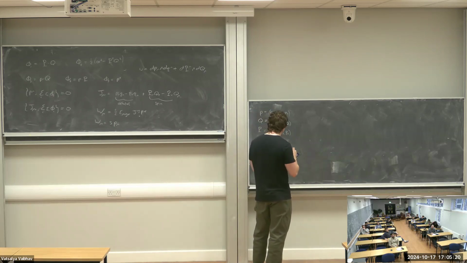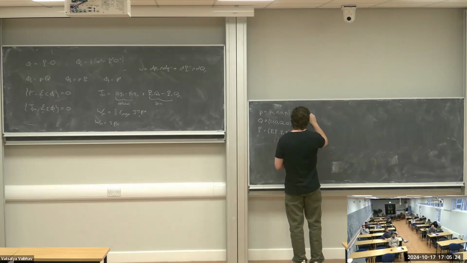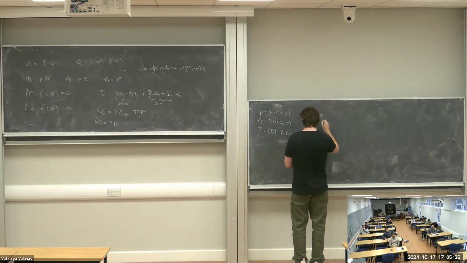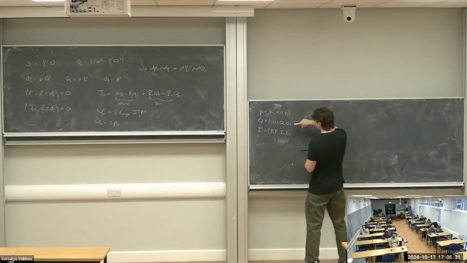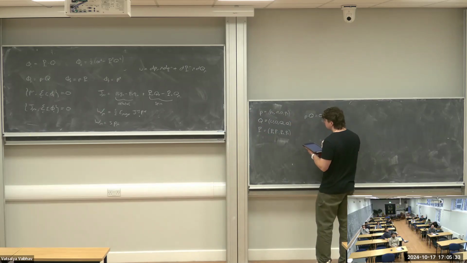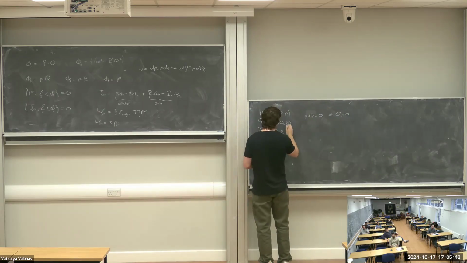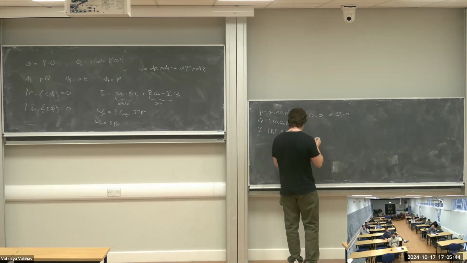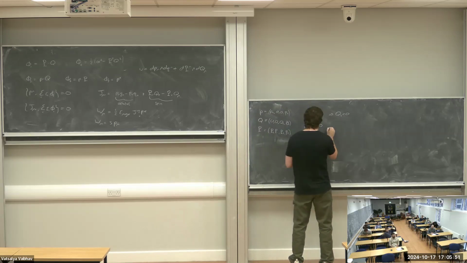Okay. So the first constraint is that small p dotted with big Q is 0. So this forces Q3 to be 0. And this thing is now gone. The next constraint is that small p with big P must be 0.